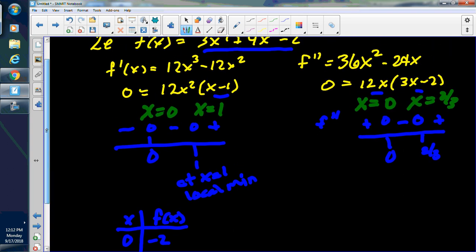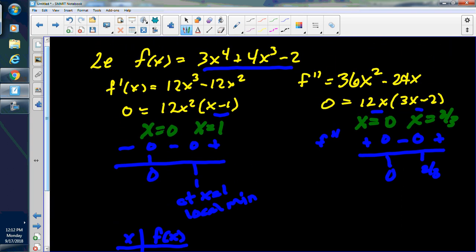Then the tricky one, when we put in 2/3, we have 16/9, 32 over, let me change that to 16/27, plus 32 over 27, minus 2.